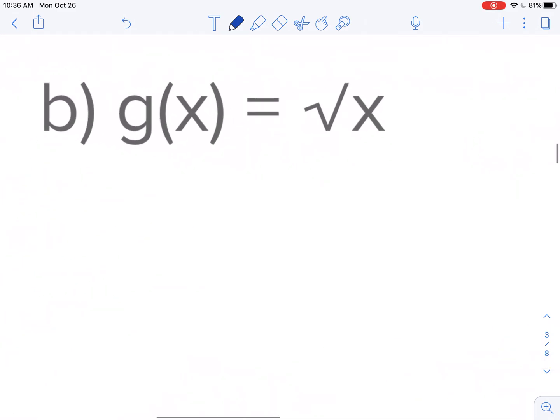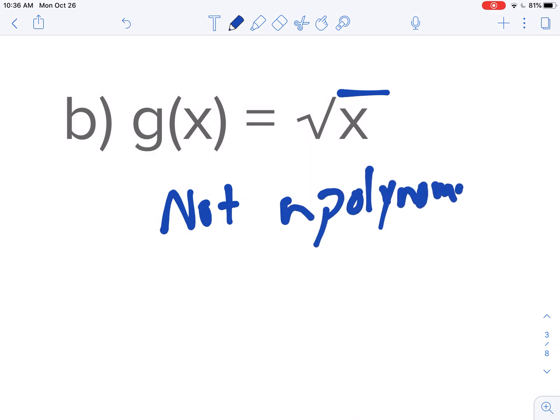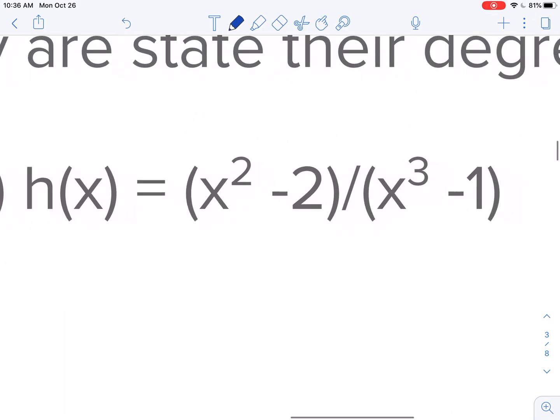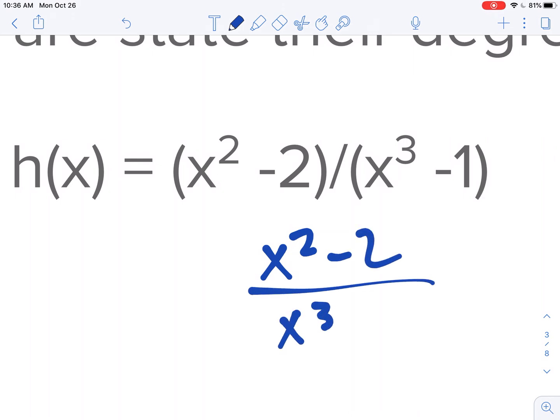B is not a polynomial. This is a square root function. This is a radical function. Taking a square root is no longer just multiplication, addition, and subtraction. C is listed as x squared minus 2 over x cubed minus 1. This is what it would look like in your textbook, where I would say f of x is equal to this.